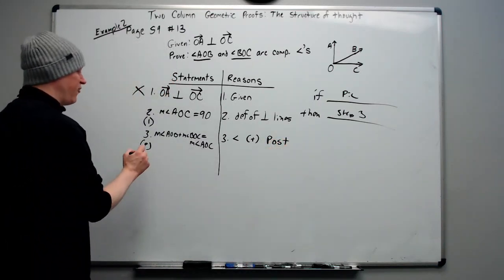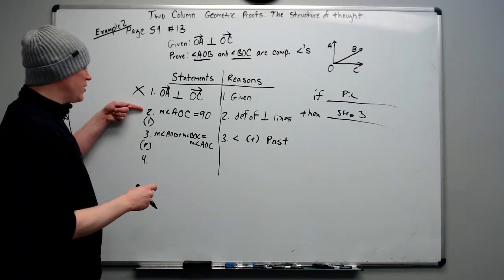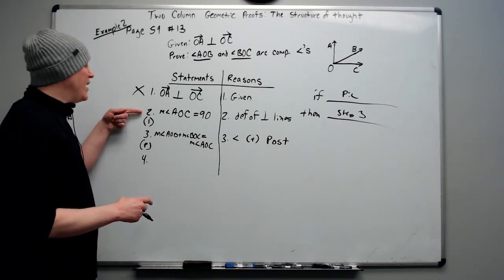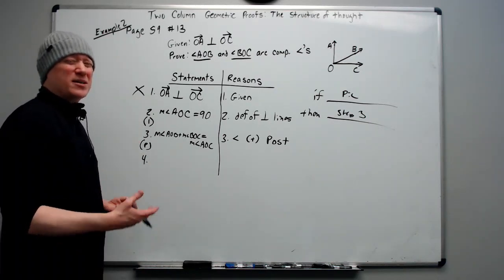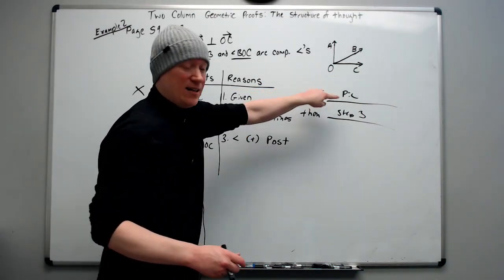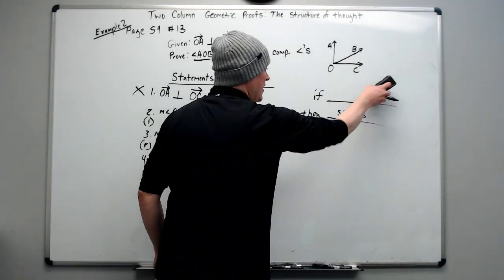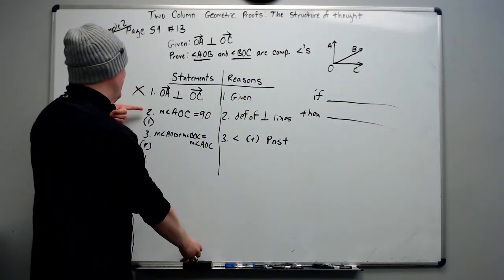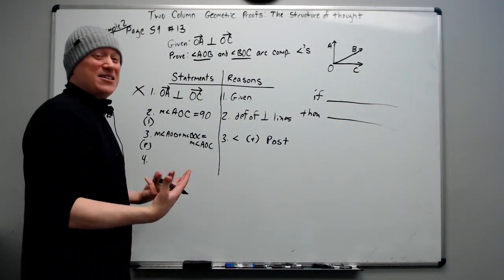So we go to step 4, and as you're doing this, you should notice that you're building up unused statements. What does it mean to be unused? It means it has not become an if statement yet. And the more of these you build up, the more you kind of need to use them.